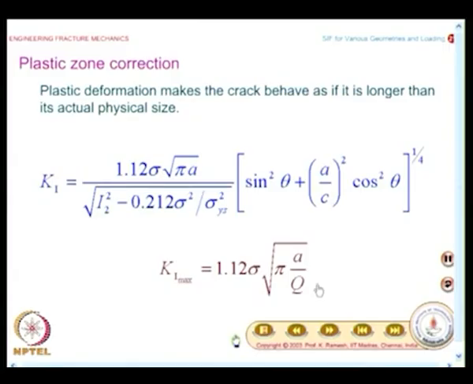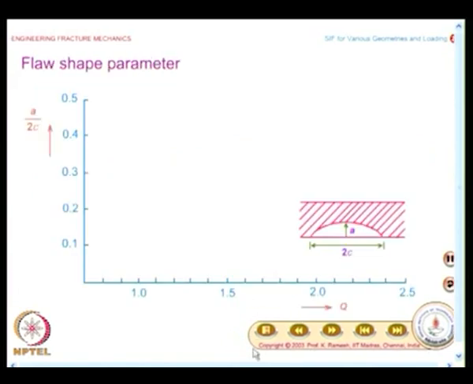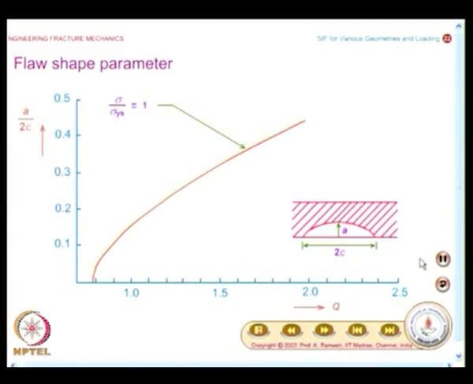So in order to evaluate the value of the maximum stress intensity factor, people have provided graphs, and these are very popular graphs because surface flaws are so important. When you look at the literature, you have this as a flaw shape parameter.